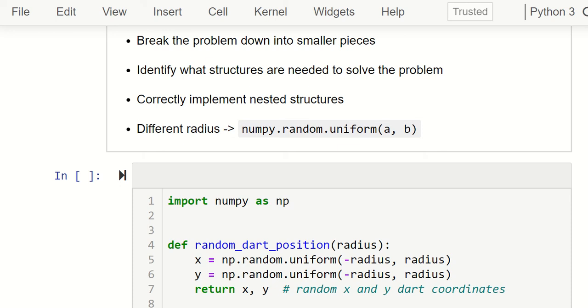Okay, what else do we need to do? Right, so we want to, of course, repeatedly throw darts, and hopefully by counting how many darts are inside the circle and how many are outside the circle, we will generate an approximation to pi. So that probably implies something like a loop, right?